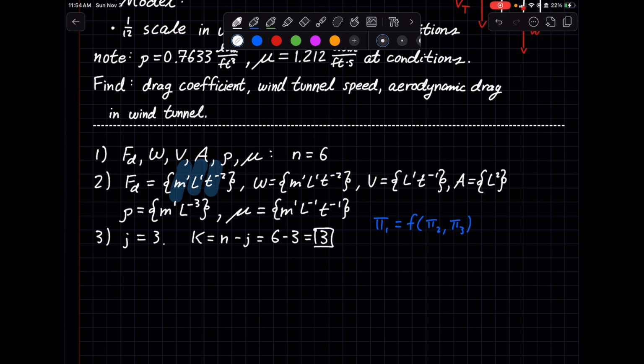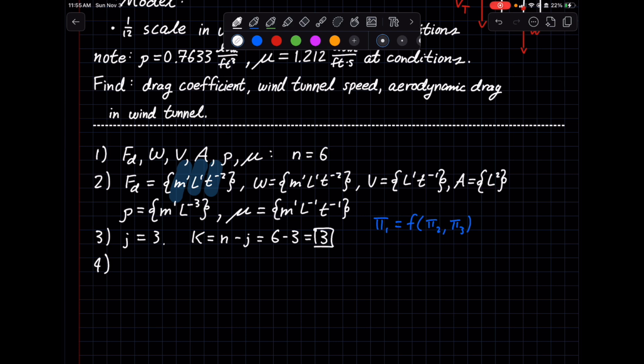In that case, you can treat pi 1 as a kind of a constant, which we'll get to later on in the video. But this is kind of the idea of it. If you have k of 1 or more, then you're good. If not, verify all your parameters from step 1. In this case, our k is 3, so we're expecting 3 pi, so we can move on to step 4.